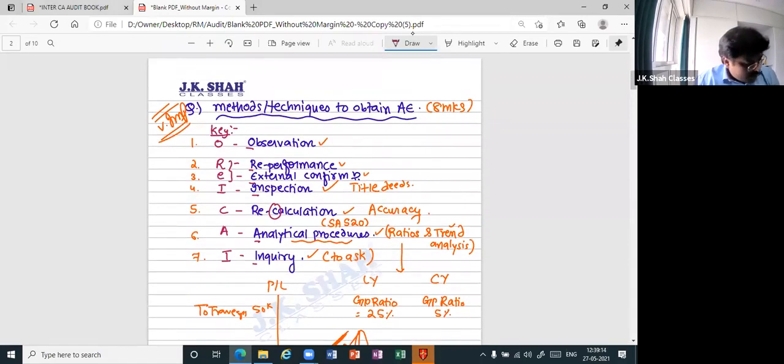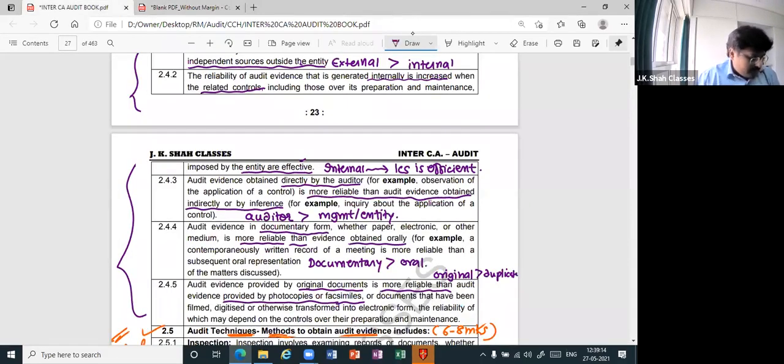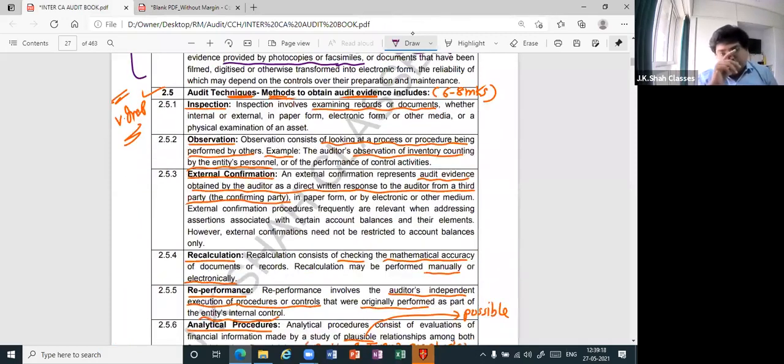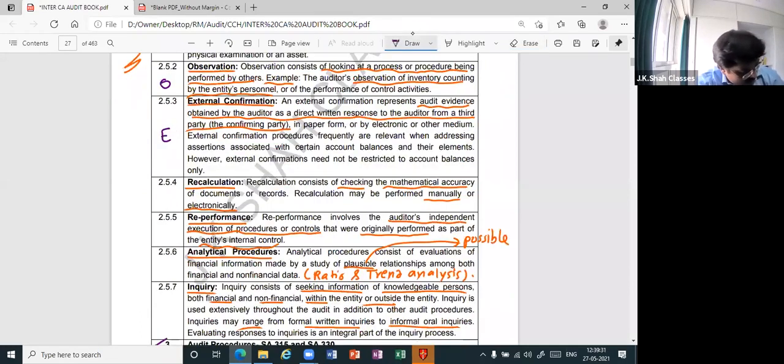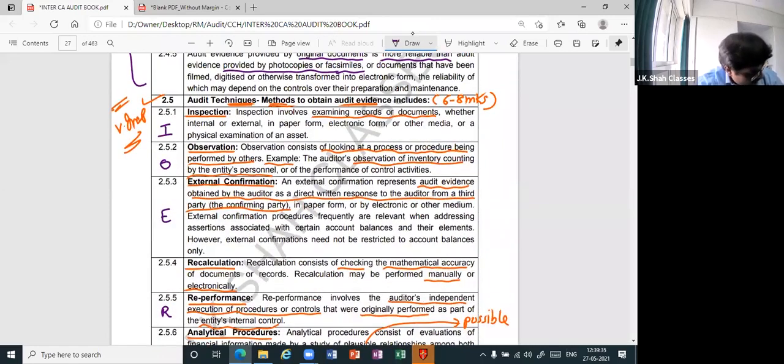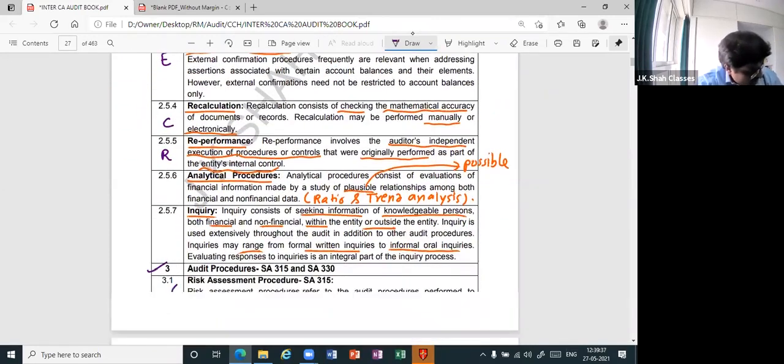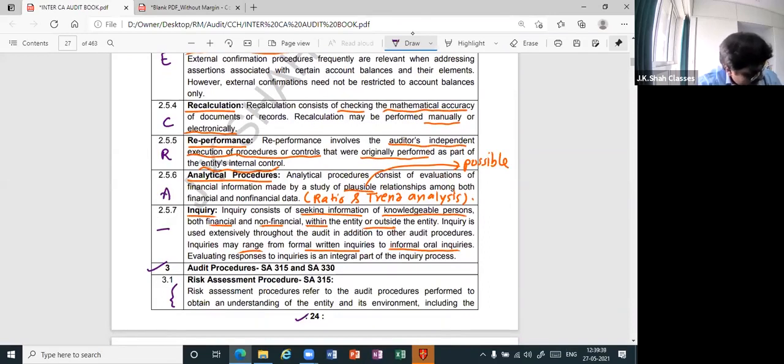Come, textbook. See, auditing techniques or methods to obtain audit evidence. 6 to 8 marks, important question. We have ORE ICI. So this is O, this is E, this is R. Wait, this is not R. This is R. Then this is I. This is C. This is A, and this is I. So the C just stands for recalculation.